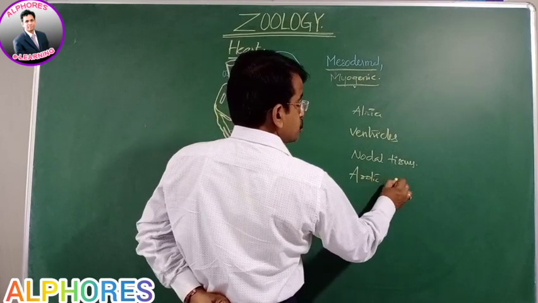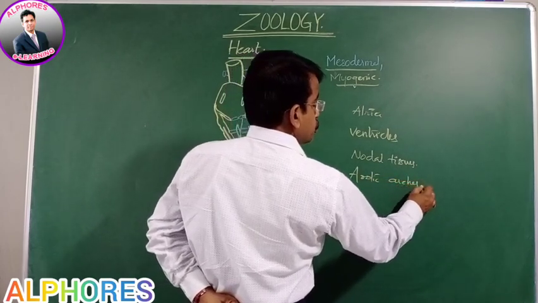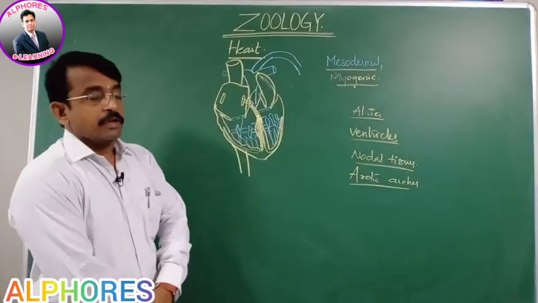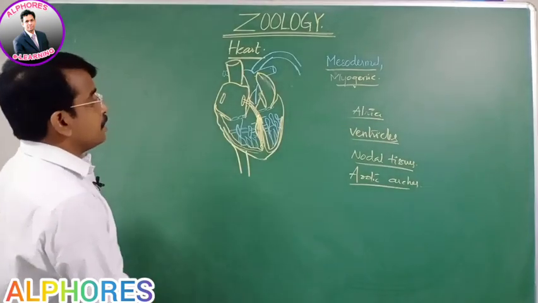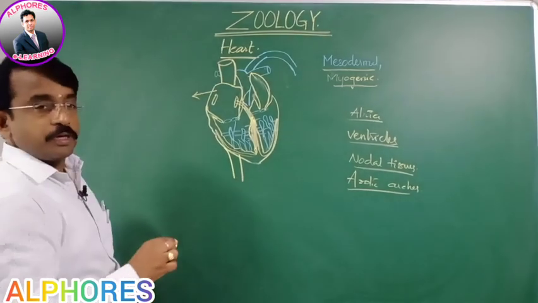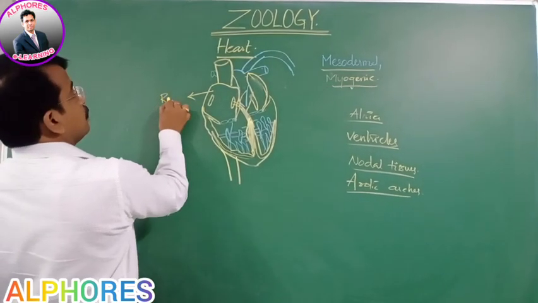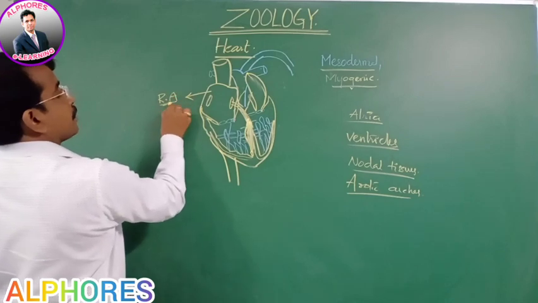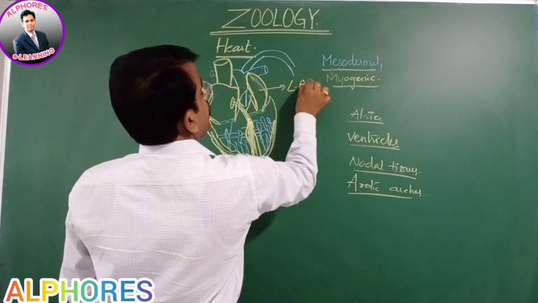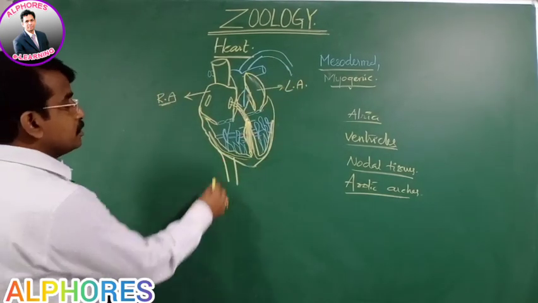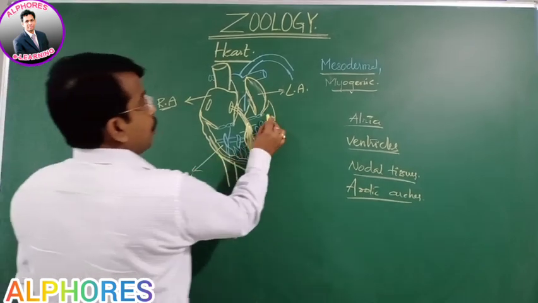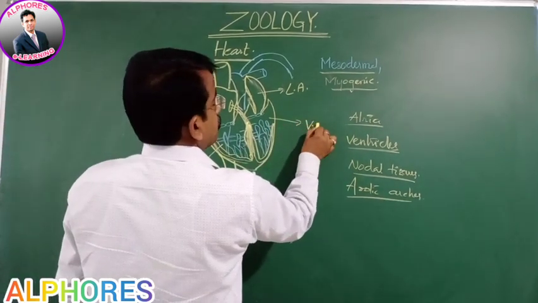Atria are the anterior-most chambers of the heart. This is the RA, referring to the right atrium, whereas this is the left atrium. And this is the right ventricle, whereas this is the left ventricle.